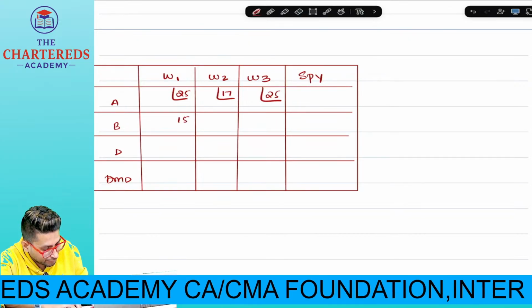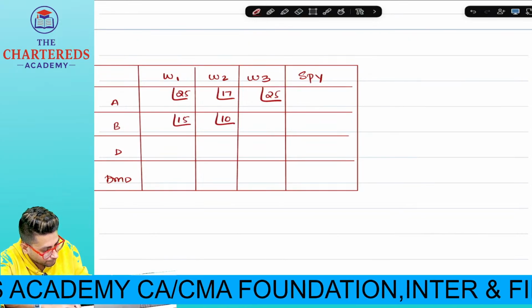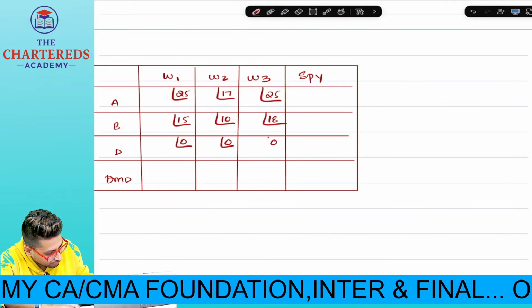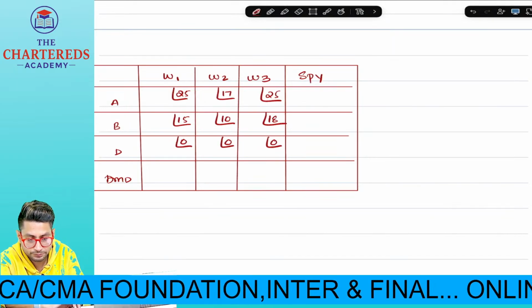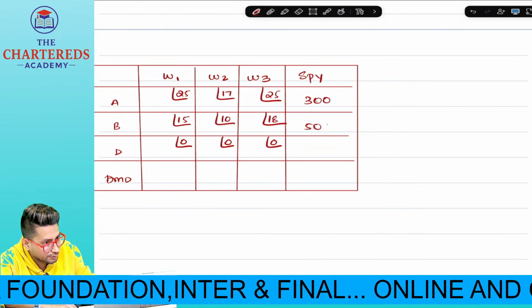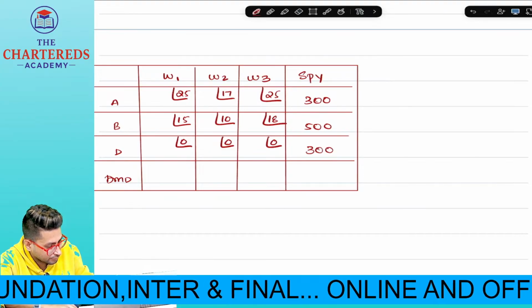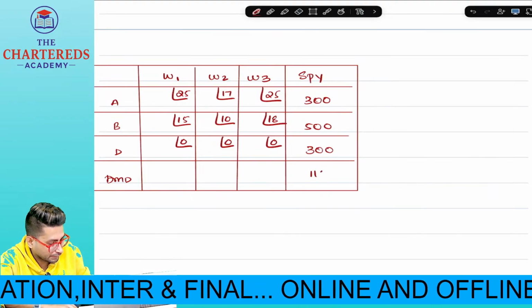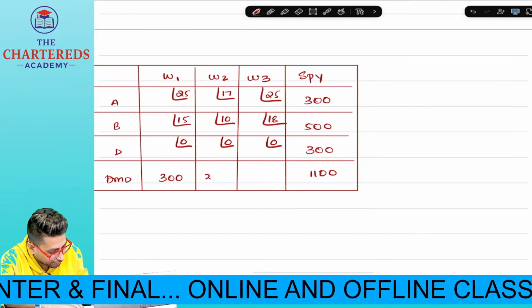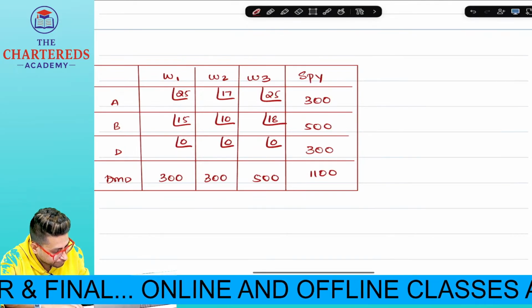Next 1, 5, 10, 18. Here it will be 0, 0, 0. Now tell the supply. How much? 300, 500, 300. Total 1100. And next, the demand: 300, 300, 500.